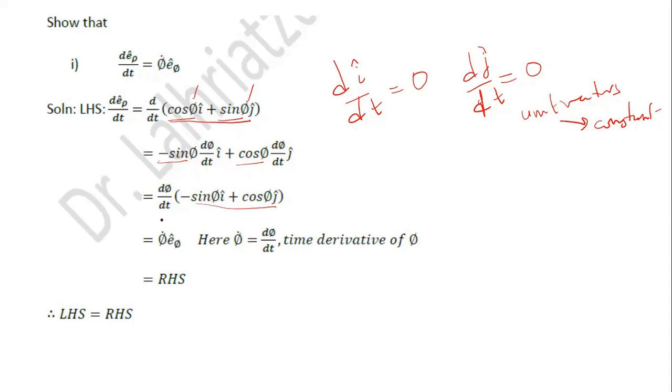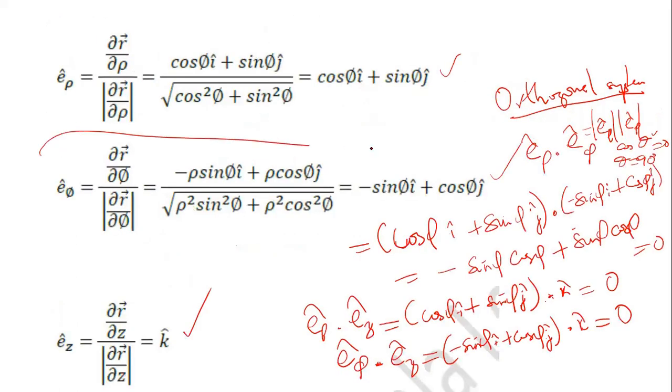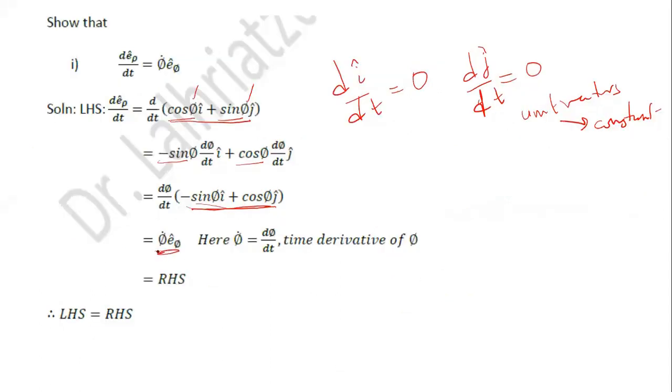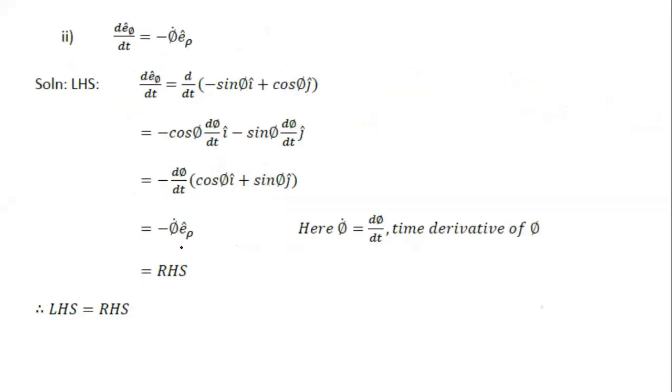This is your phi dot, and this is your e phi. Your e phi unit vector, the tangential unit vector along the phi coordinate, is this. So there you can write it as this.